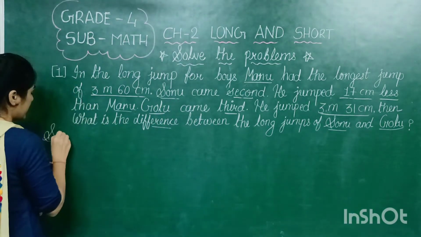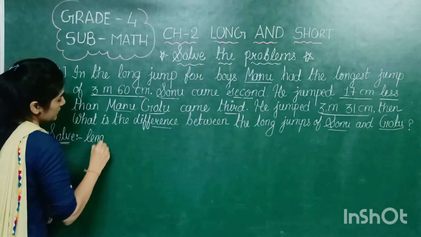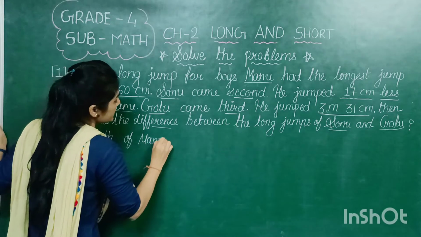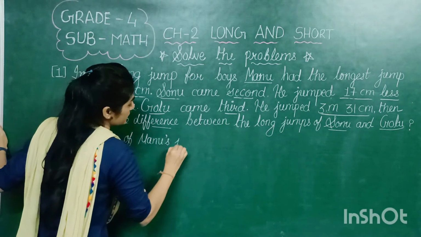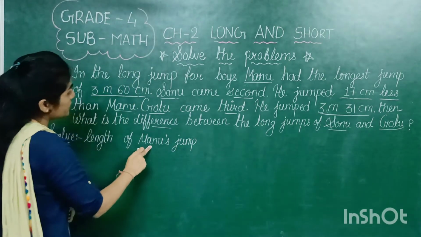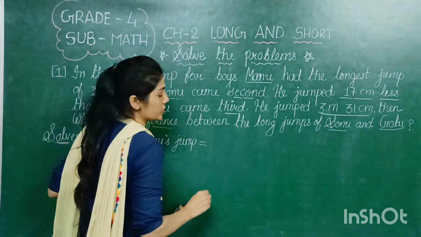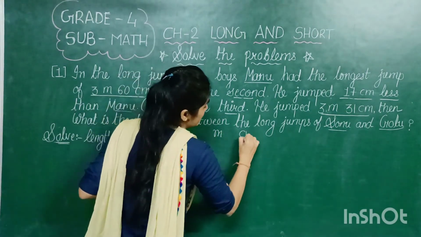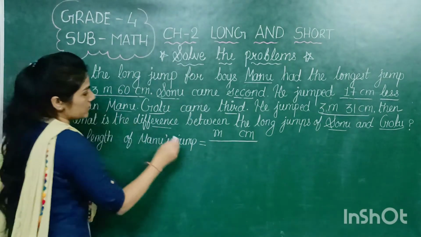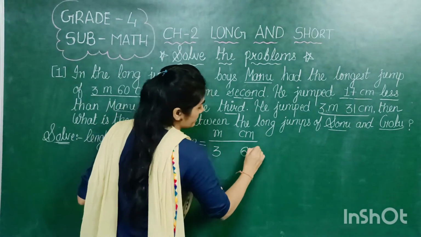So we can write the sentence like this way: length of Manu's jump is 3 meter and 60 centimeter. We have to write in the bifurcation of meter and centimeter. 3 we will write in the meter and 60 will come in the centimeter.